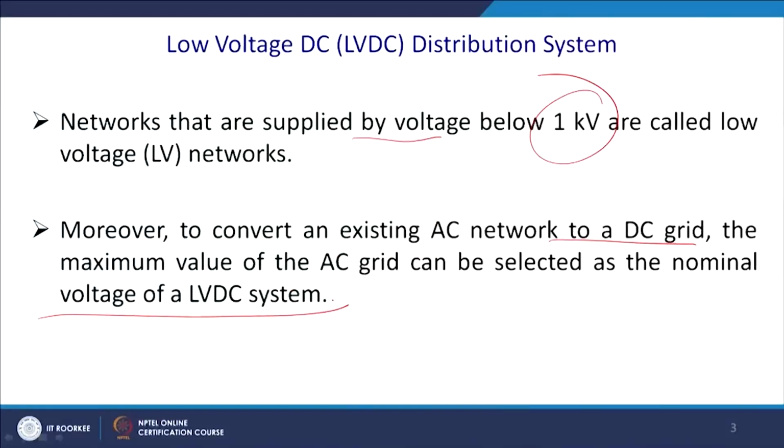So, if you take the maximum current handling capability of this DC, it will be root 2 times higher. So, the current handling capability for it will be more. An LVDC distribution system consists of power electronics converters and the DC link between these converters.